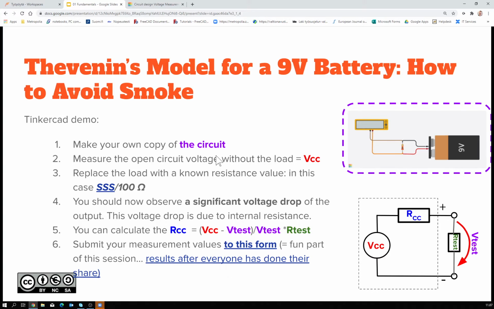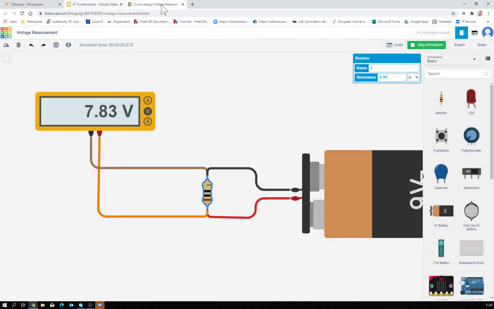So yeah, I kind of did this one. Would you like to actually practice a little bit of this? If you go and open this example on Tinkercad and click on Tinker.